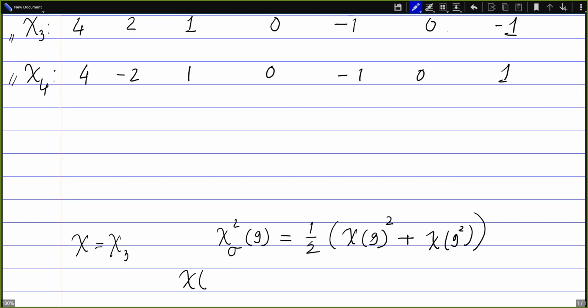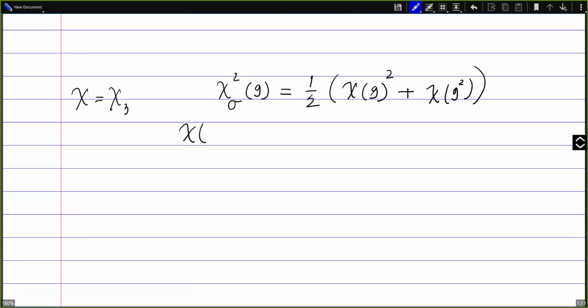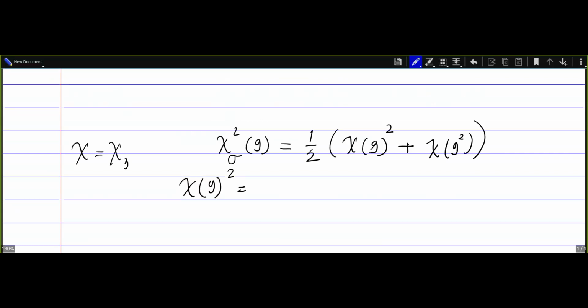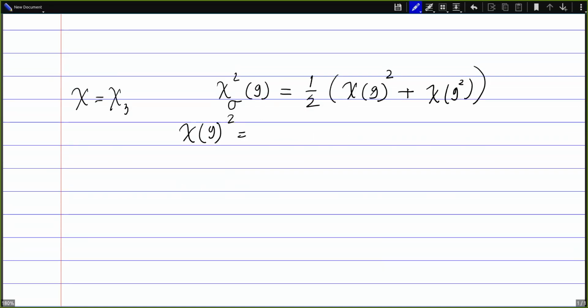Once we know the symmetric square character, from that we can easily compute the alternating square character by using this relation. So the alternating square of g is nothing but chi(g) square minus the symmetric square of g.